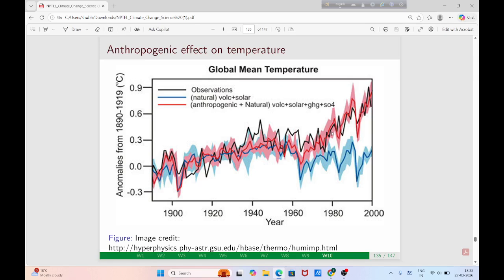Anyways, they have taken some mean, or they might have given the 95% confidence interval. Anything is possible. I don't know the details. Anyways, but you can see that when the anthropogenic factors are taken into account, the results match quite well with the modeling output. So that is the study. I mean, that is the methodology you should follow to see the anthropogenic effect on temperature.